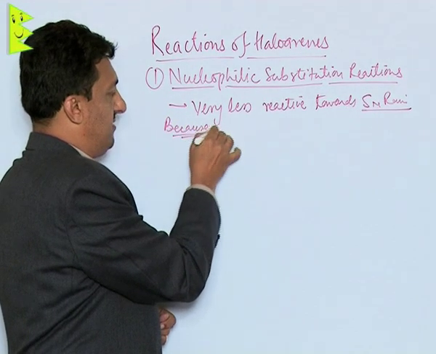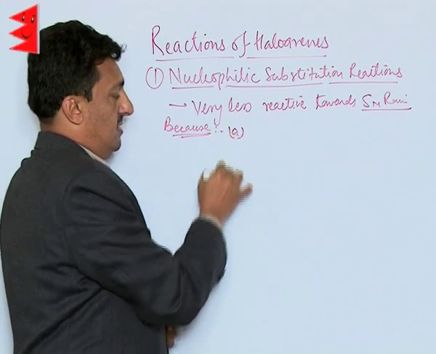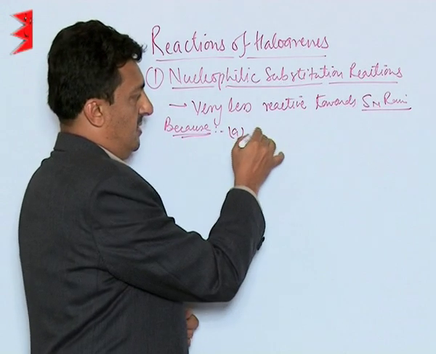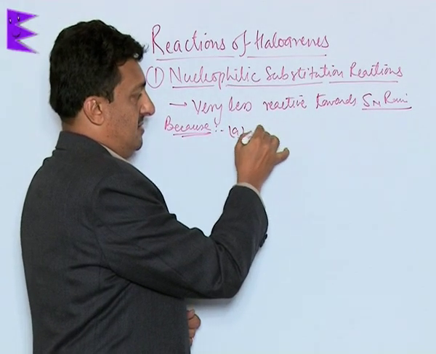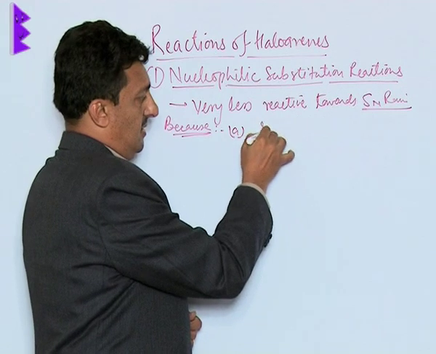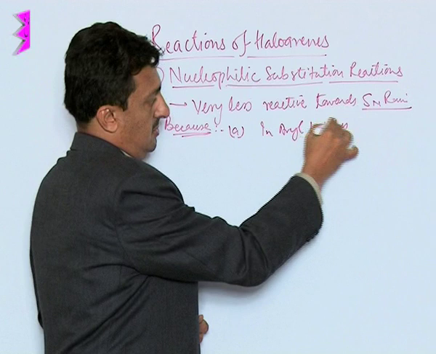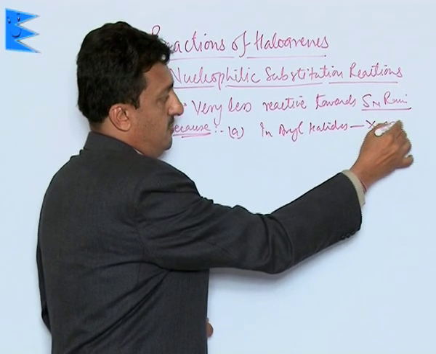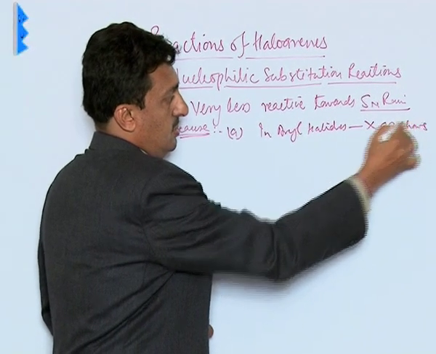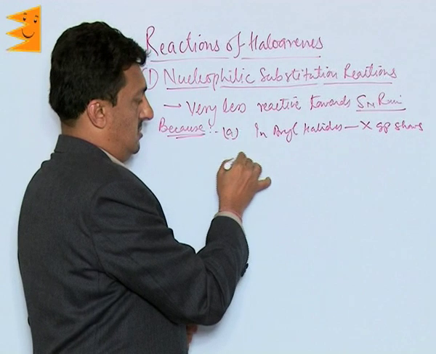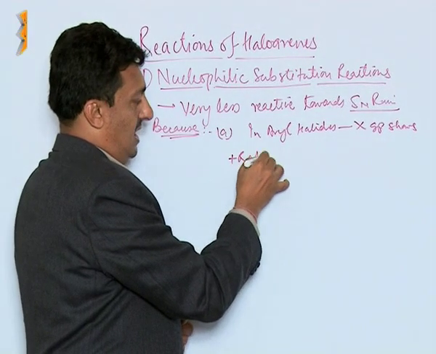there are 4-5 reasons for this. The first is that in aryl halides, the halogen group shows plus R effect.